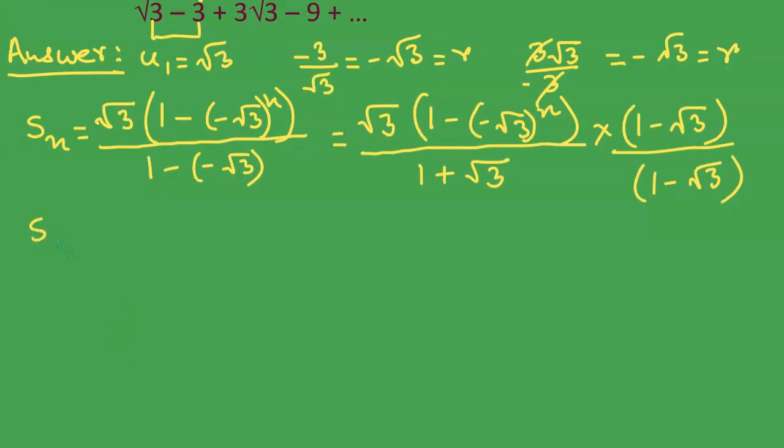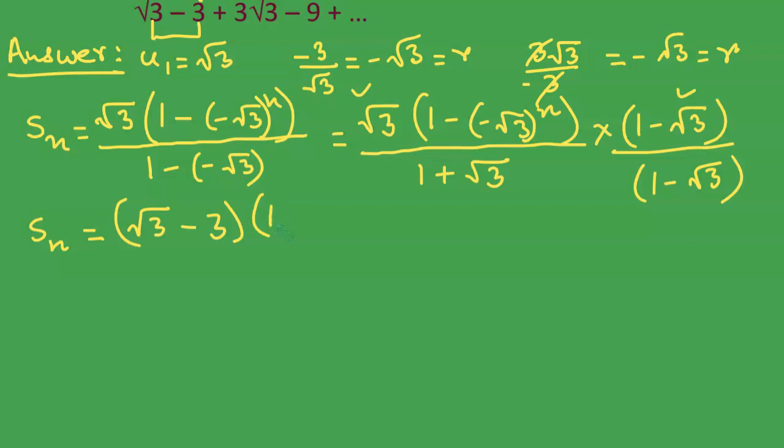So Sn is equal to, I am multiplying root 3 times 1 is root 3. And root 3 times minus root 3 is negative 3. So root 3 minus 3.